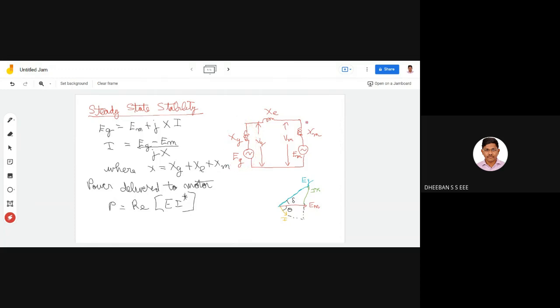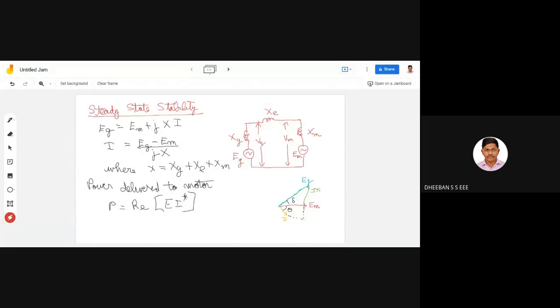The right side part represents your load, which is nothing but a motor. In between these two lies the reactance of your transmission line.